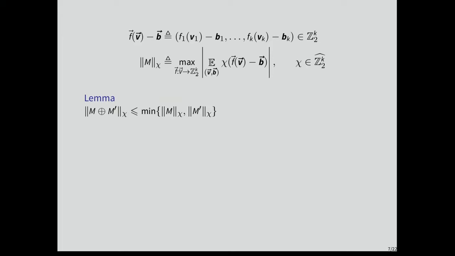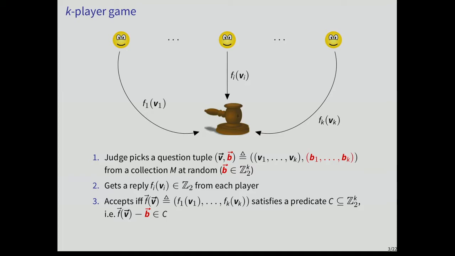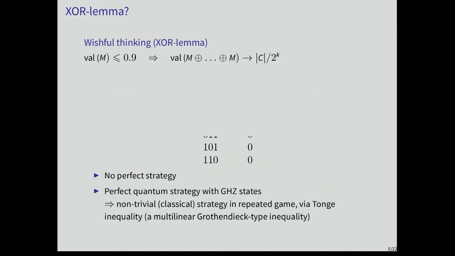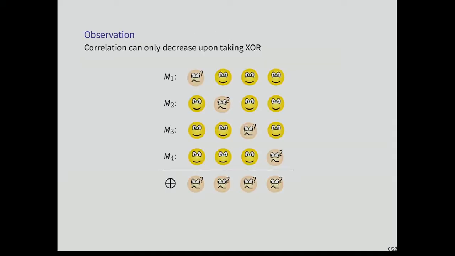We will look at the random k-bit string, which is the replies from the players after the negation by the judge. This is what the judge sees at the end of a game, right before the judge checks whether the replies satisfy predicate C. And we want to say that this random k-bit string will be uniformly random after we take XOR.